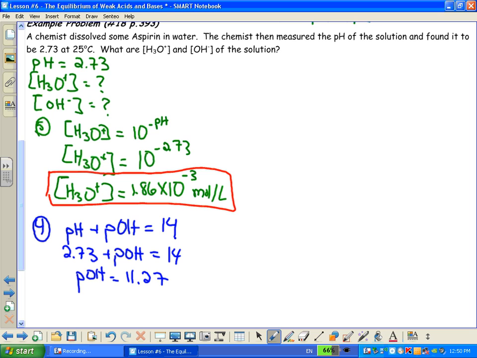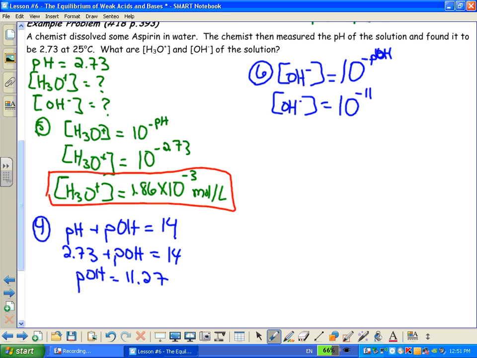Now that doesn't give us the concentration of our hydroxide ions, but we can now use equation 6 in order to get our concentration of our hydroxide ions. So equation 6 states that the concentration of the hydroxide ions is equal to 10 to the negative pOH. If we substitute the pOH we got from above, it's going to be 10 to the negative 11.27.